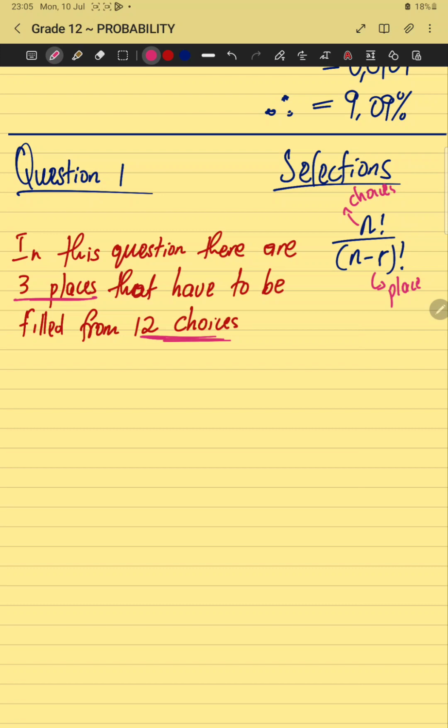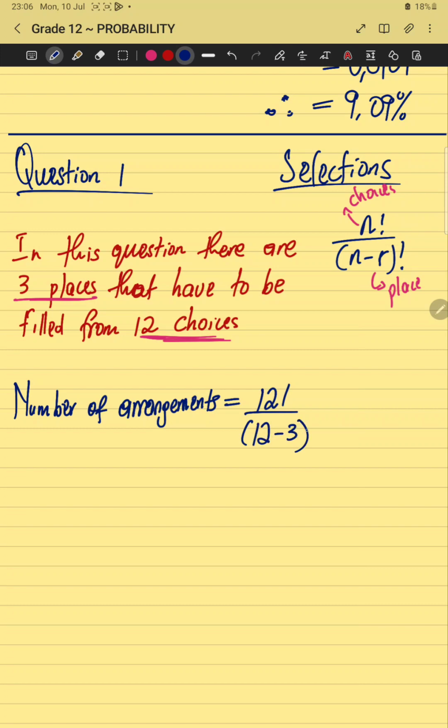So now let me conclude by saying the number of arrangements is equal to 12 factorial over (12 minus 3) factorial, where 3 is for the places. So we're going to have 12 factorial divided by 9 factorial, and then we just work this out.